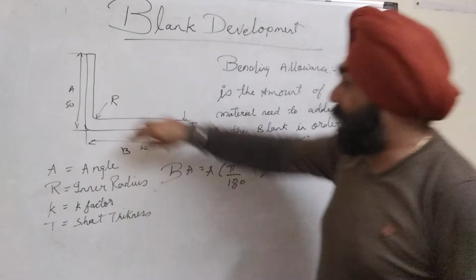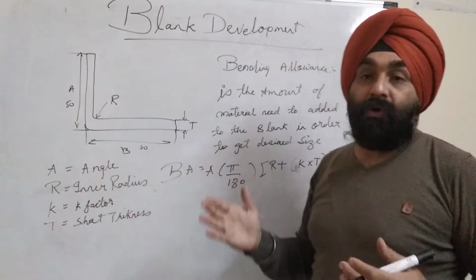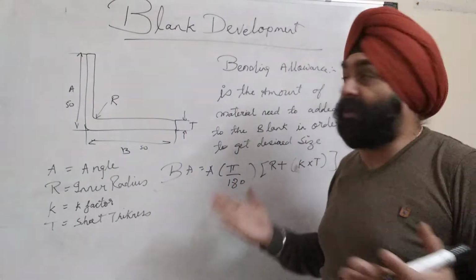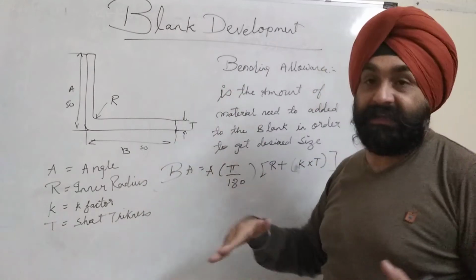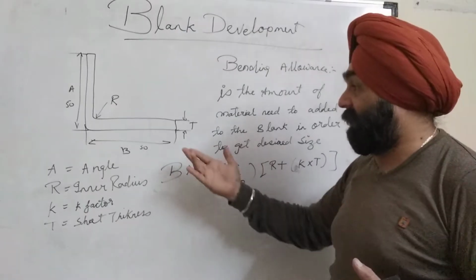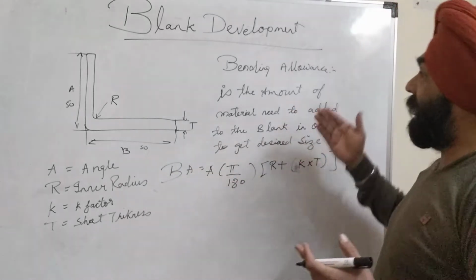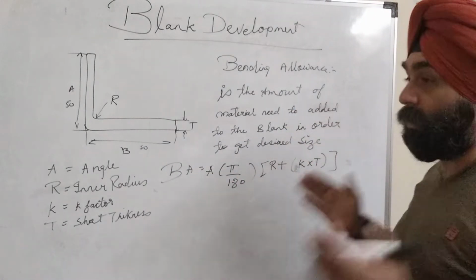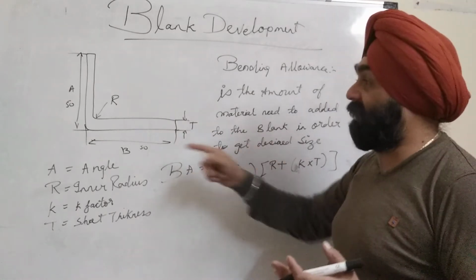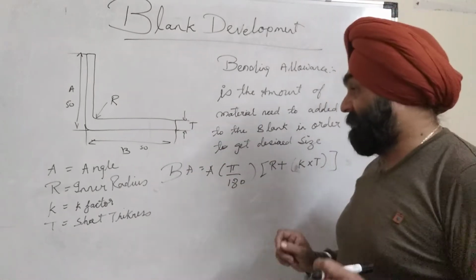So I have to add the bending allowance there. Take an example, bending allowance is 2.31. So my blank size will be 102.31, that is 100 mm plus 2.31. So we can add bending allowance to our blank, so that after bending we will get the desired size.